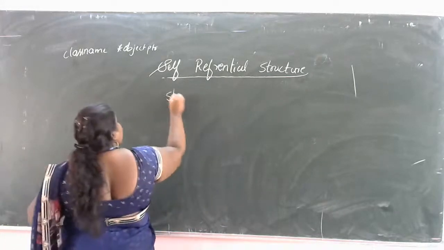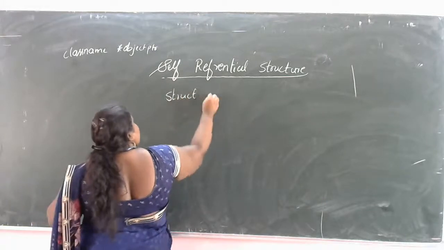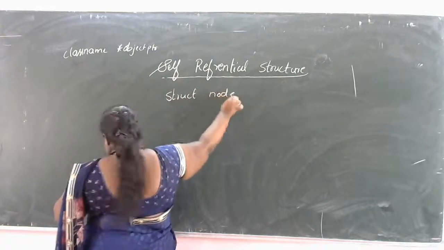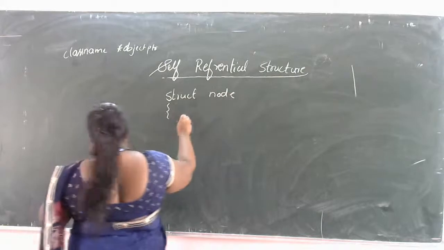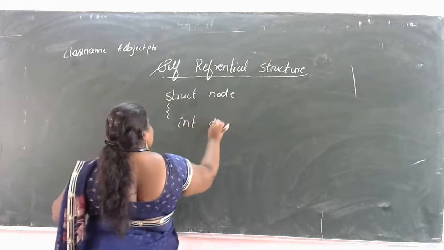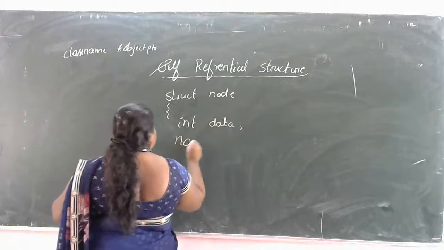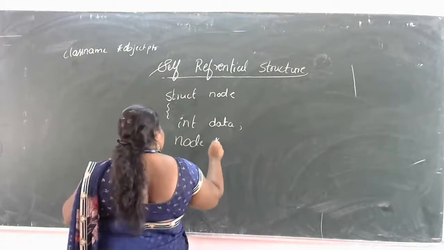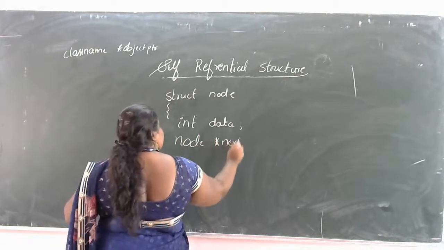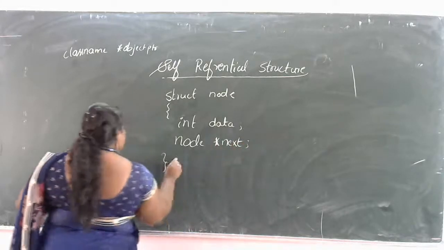Example: struct node, int data, node star next.